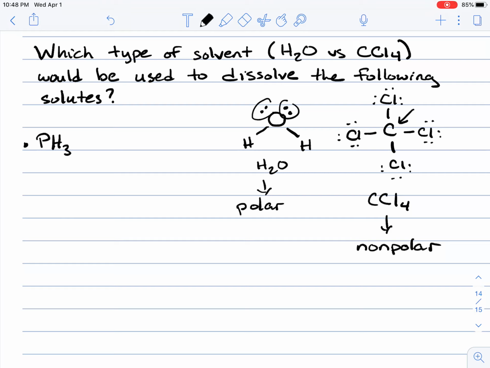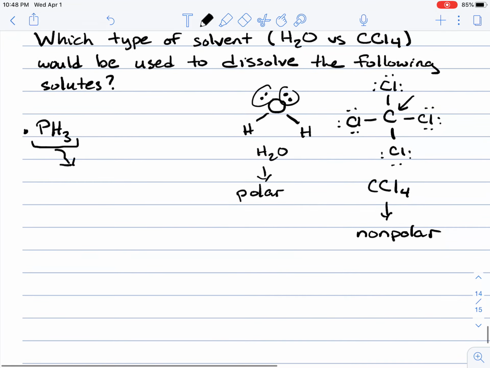And so now that we've determined the polarity of the solvent, let's determine the polarity of the solute. And so once again, we're going to draw the Lewis structure for PH3. And I'm just going to draw the results.